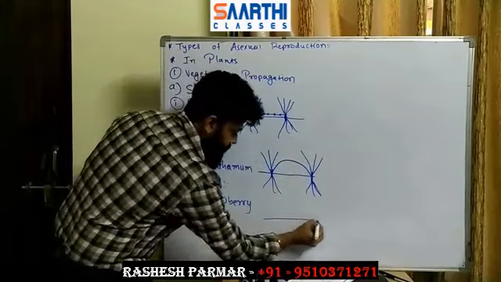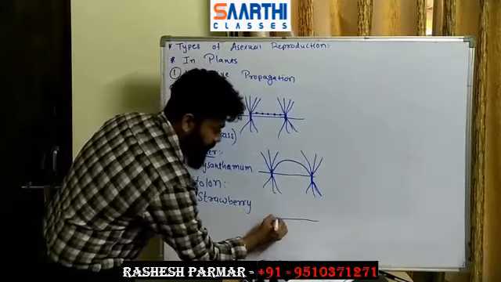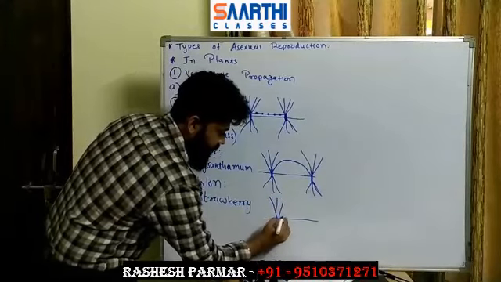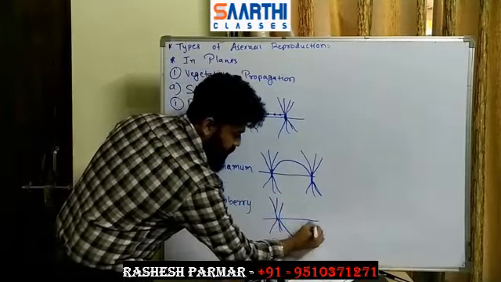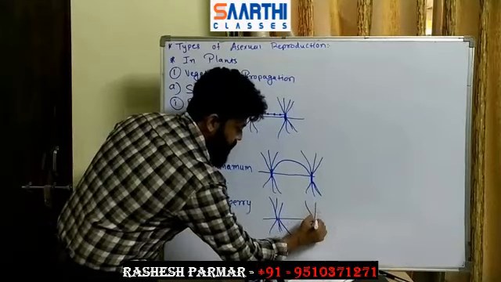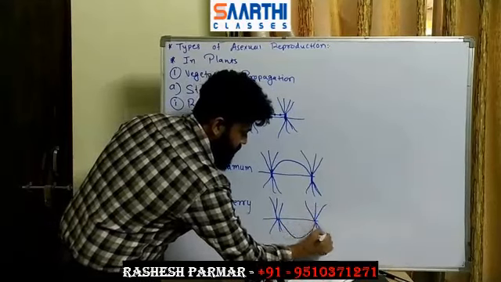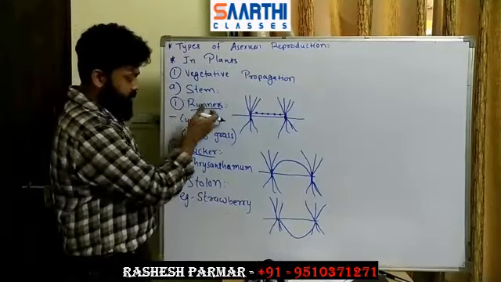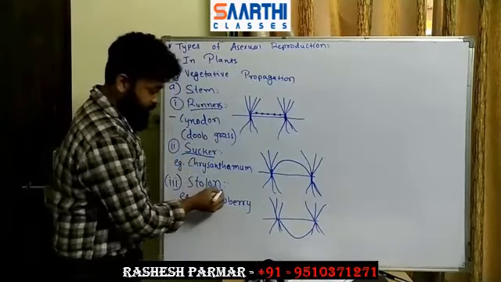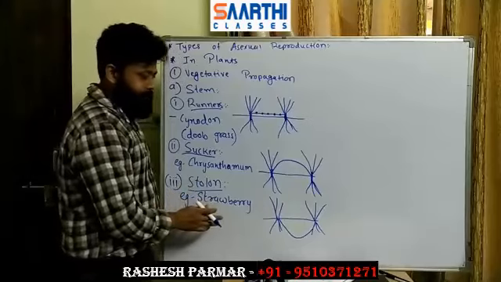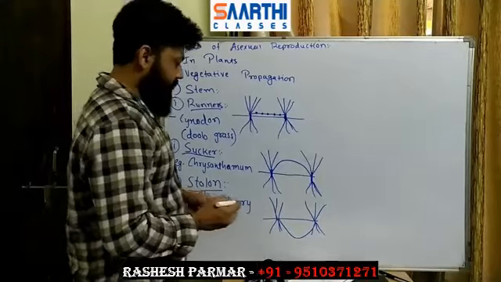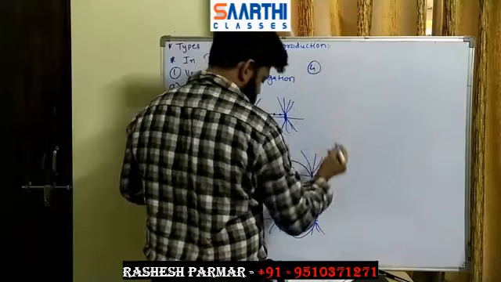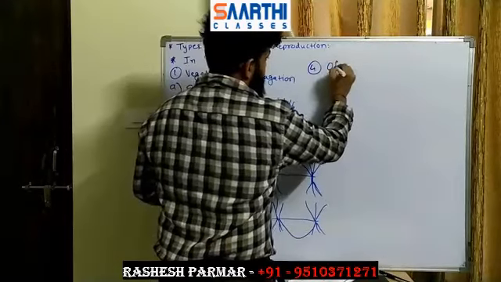Now in stolon, the arc will be created below the surface. That's the basic difference between runners, suckers and stolon. Fourth type is offset.